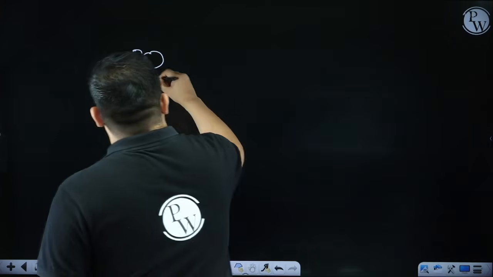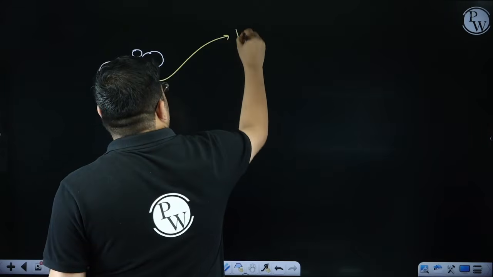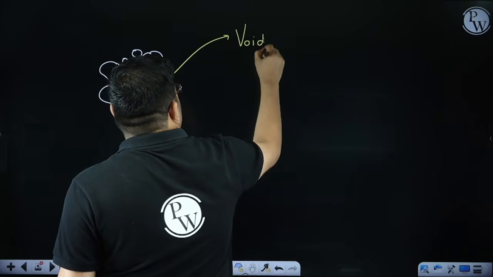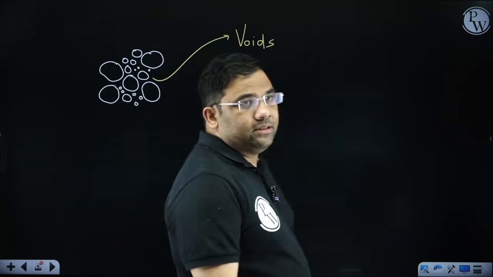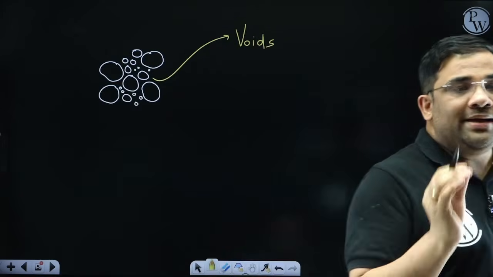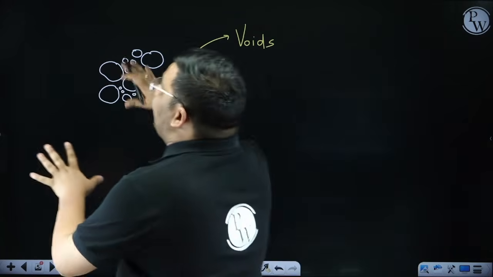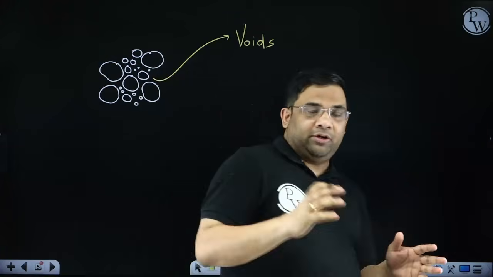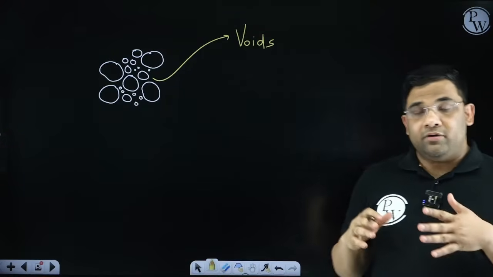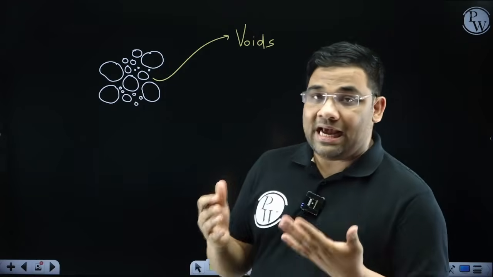In these voids, the space will be either occupied by air or occupied by bitumen. When in this coarse aggregate, fine aggregate, filler or sand you are adding bitumen, the bitumen will not occupy the entire voids.